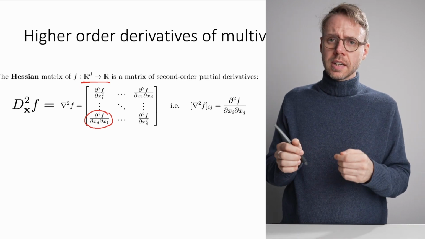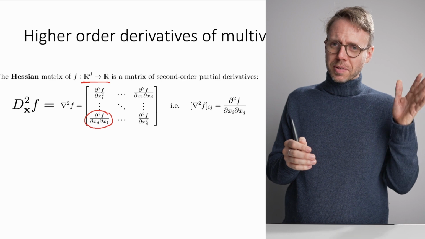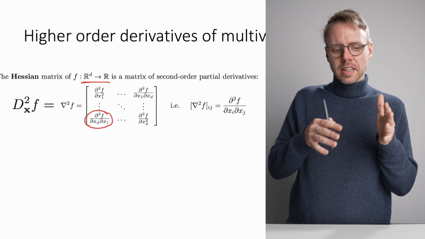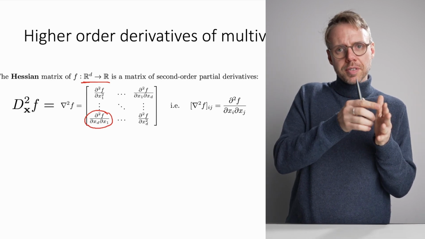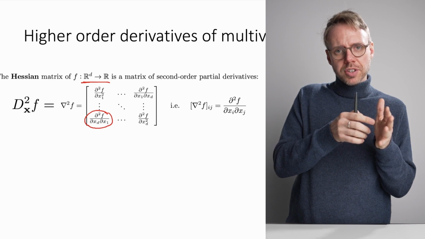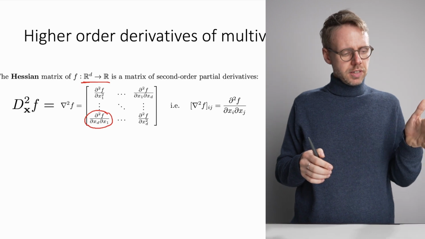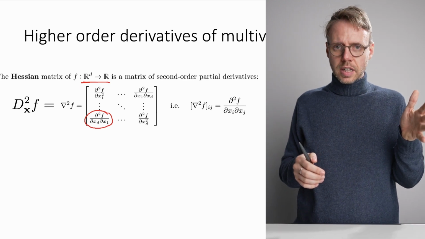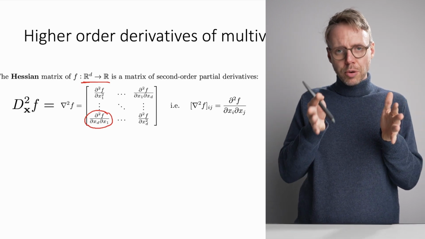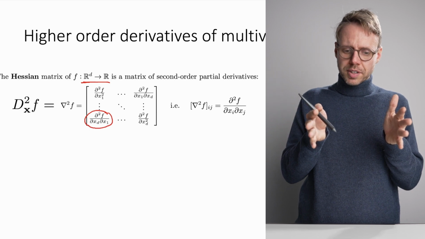Now, what does this mean? Well, it means we're starting out with the gradient and then we're taking partial derivatives of all the dimensions of the gradient. Think of the gradient as a function. It takes in a point in Rd and then outputs also a point in Rd.